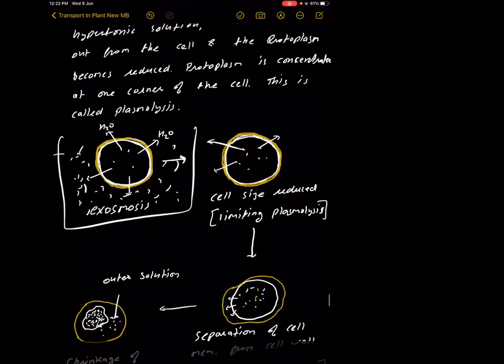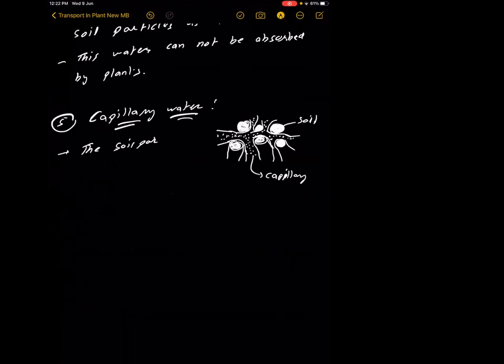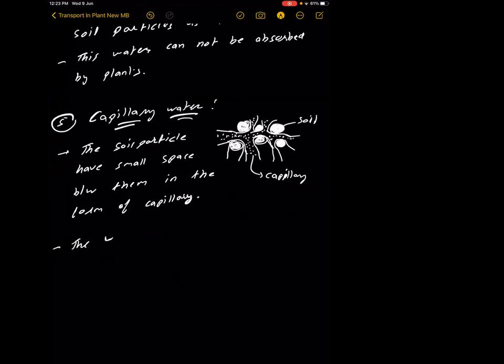Yes, the soil particles have small spaces between them, in the form of capillaries.